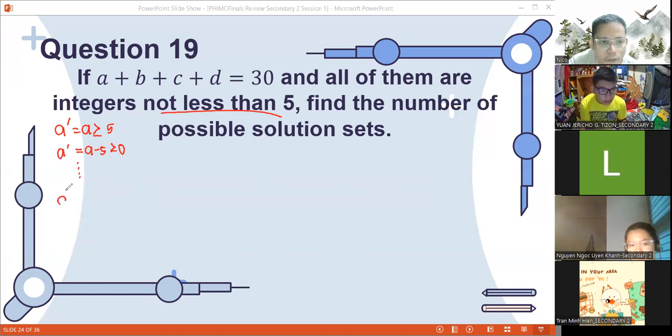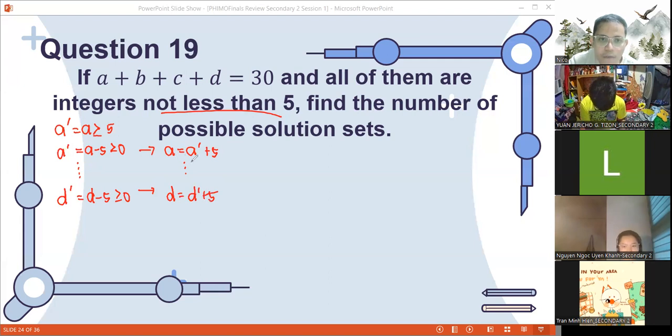So on and so forth, your D prime is also D minus 5 greater than or equal to 0. If you're going to solve for A only, this will become A is equal to A prime plus 5, and so on and so forth. D is equal to D prime plus 5. The value for A is always A prime plus 5, right?